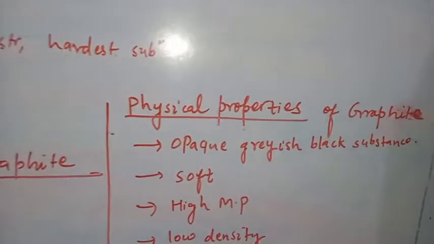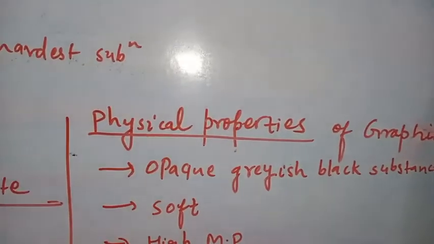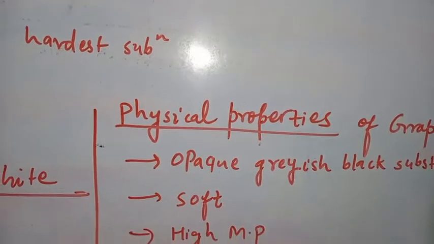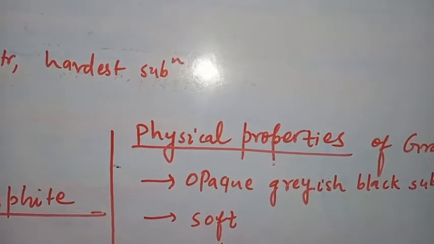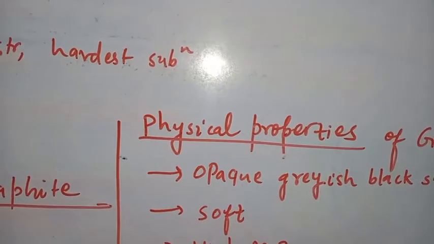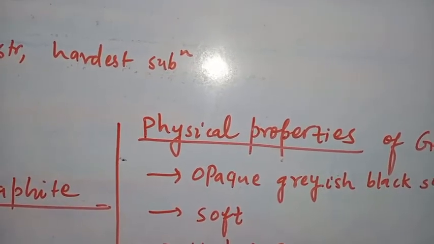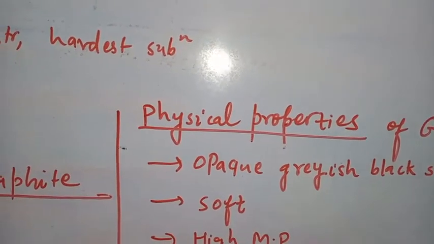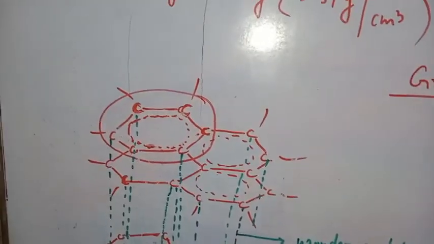First, it is an opaque grayish black substance. Second, it is also famous for its softness and slippery nature. Why? Because the layers, as we have just seen in the structure of graphite, the sheets of carbon atoms are held together by a very weak force.